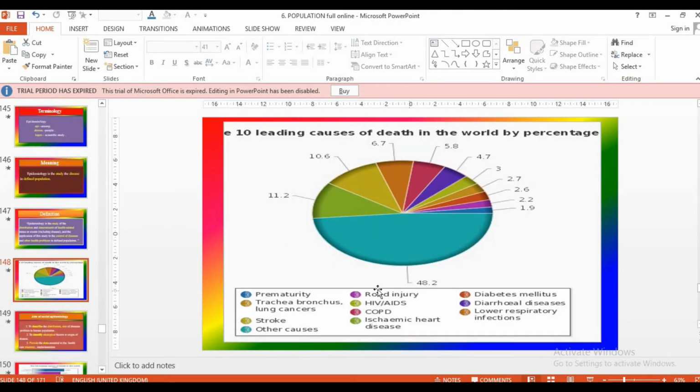Look at this. This is one of the epidemiological data: the 10 leading causes of death in the world by percentage. According to this data, in the defined population, 48.2%, prematurity.